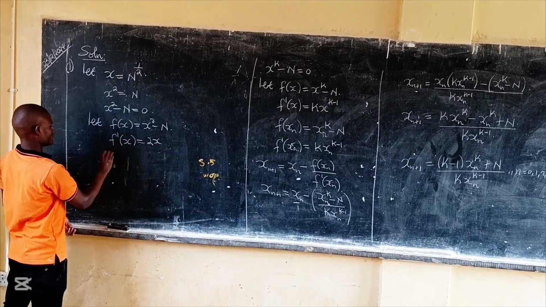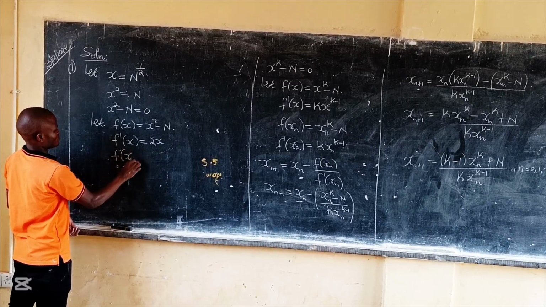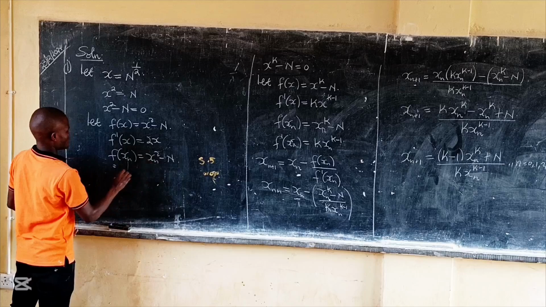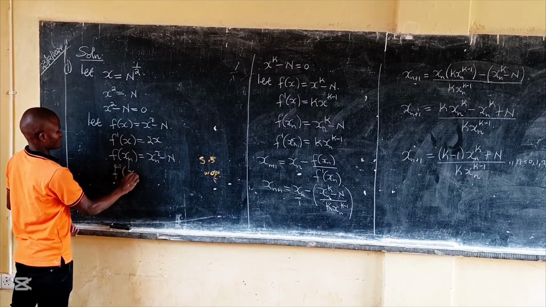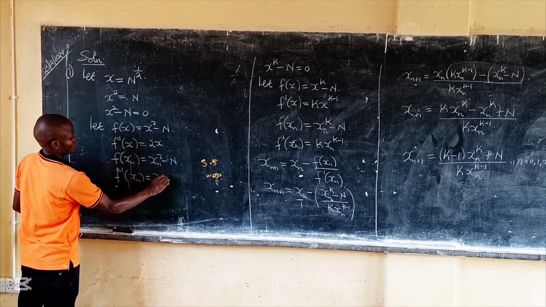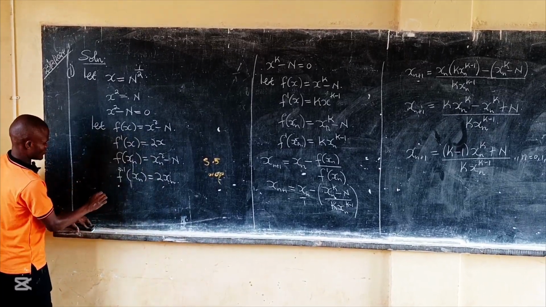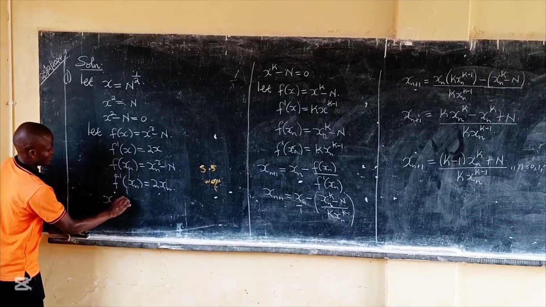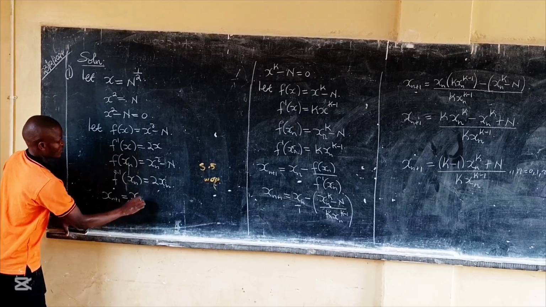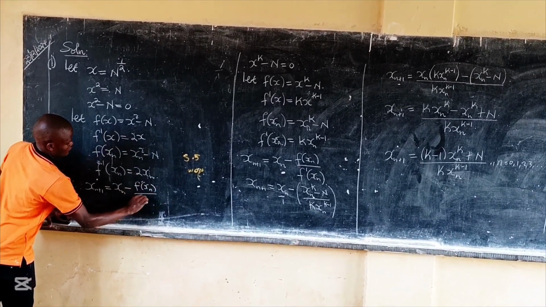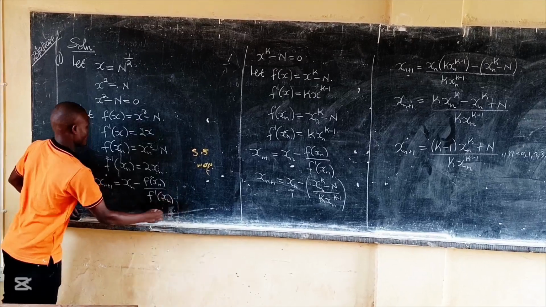And obviously we can now put in xn, which is xn squared minus n, and then the first derivative of xn, which is 2xn. Now from here we put in the Newton-Raphson's formula, which says that xn plus 1 is given by xn minus f of xn over the first derivative of xn.